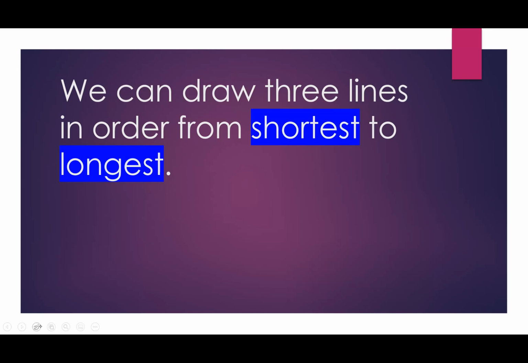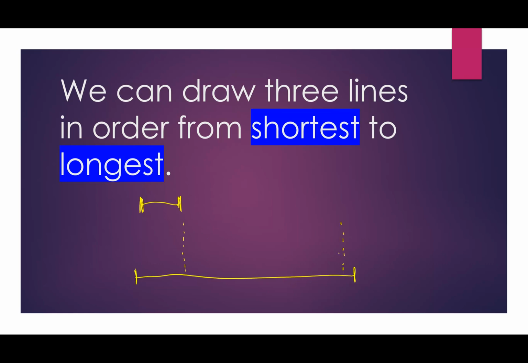So now here, let's draw one line, the shortest. So this is the shortest line I make. And I can make the longest line, right? Now, one line I can draw will be from between this line to this line.